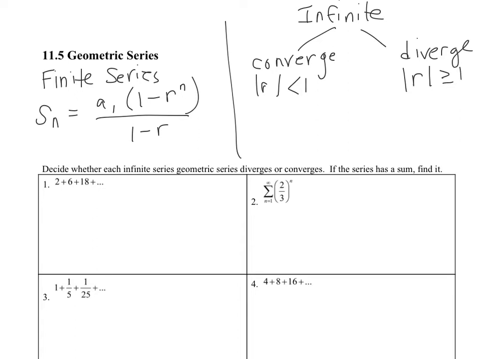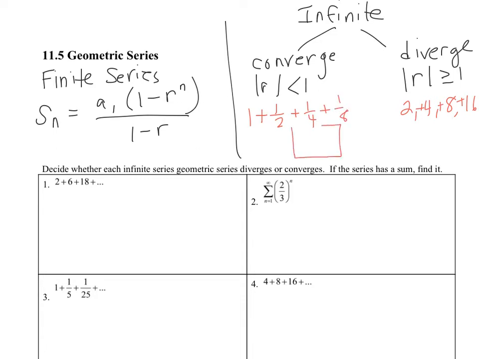An example would be if you have the sequence 2, 4, 8, 16, and you add the series, adding those up, you're not going to ever get to a specific number. So it's going to diverge. However, if you had something like 1 plus 1/2 plus 1/4 plus 1/8, that actually gets to a number.